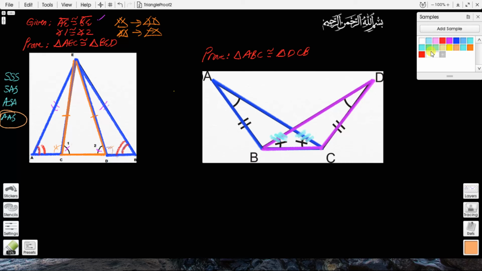But these two triangles are inside, so maybe I could prove them congruent somehow, and maybe that will help. How are we going to prove those two triangles congruent? Angle, side, no, we can't do that. Angle, side, side, we can't prove them congruent. Are we stuck?